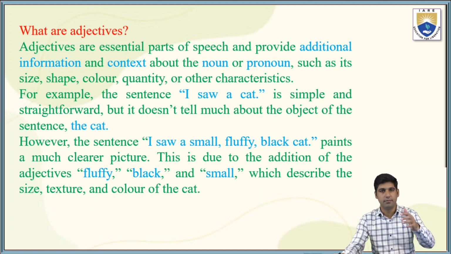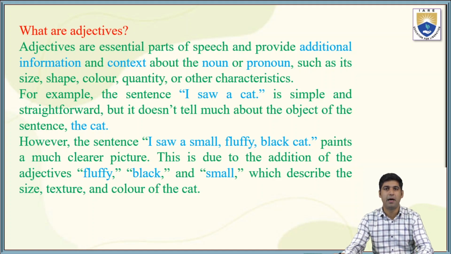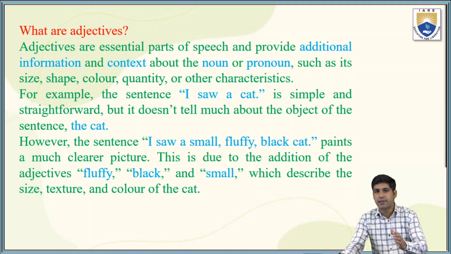These things come under the title parts of speech. And one of the important elements there is an adjective. So it's very important to know adjective first before we talk about the degrees of comparison.